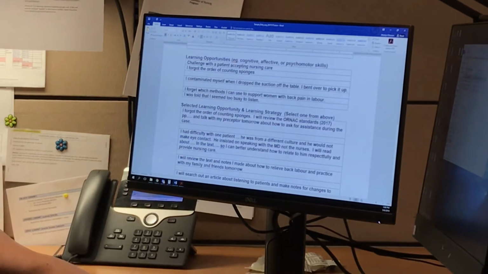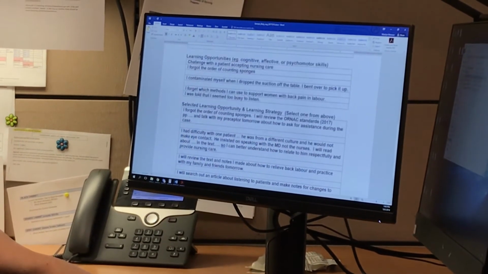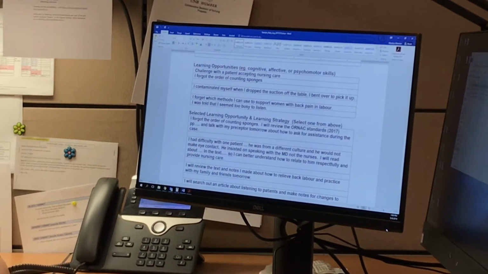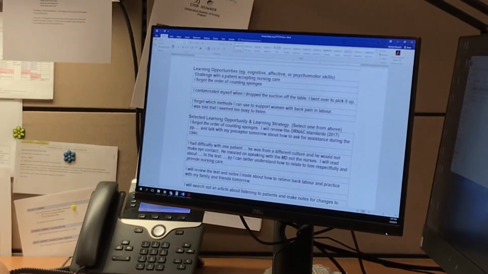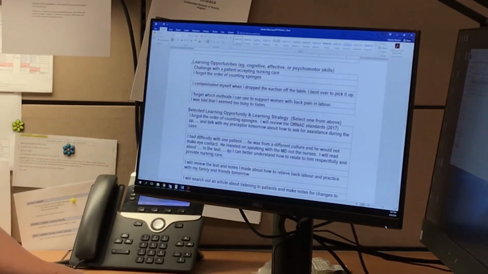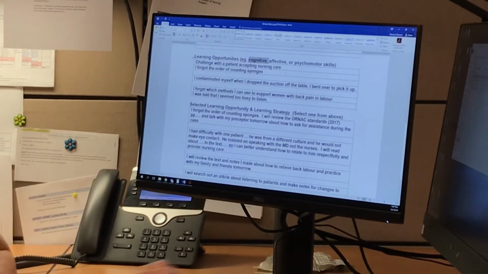The next category is learning opportunities. It's broken down into 3 categories: cognitive, affective, or psychomotor skills. Cognitive is fairly easy. This means about what you know. It's about knowledge.